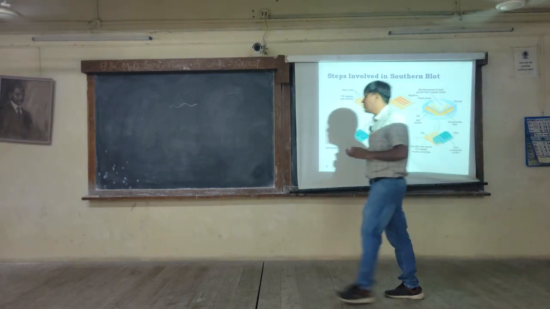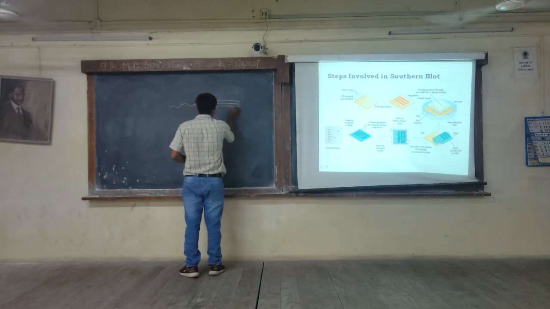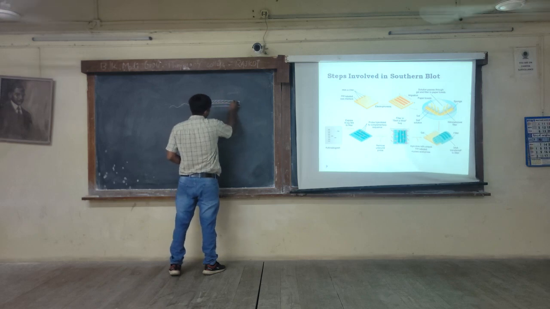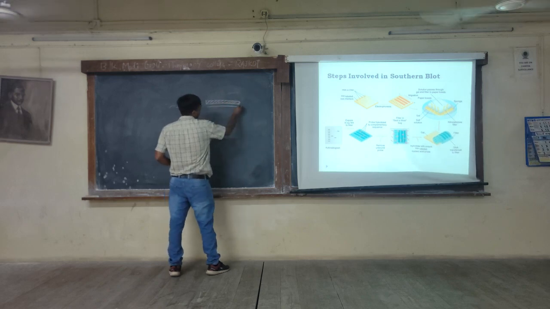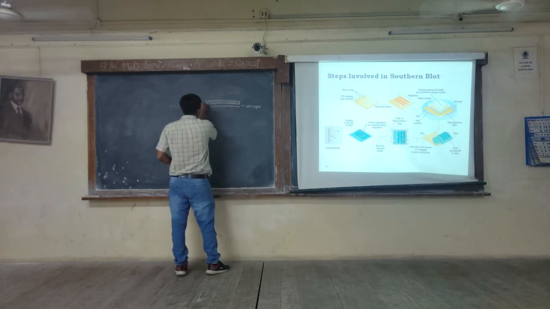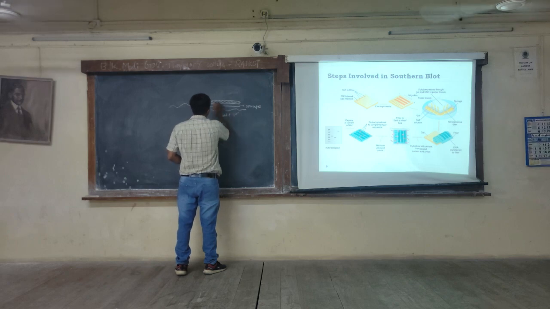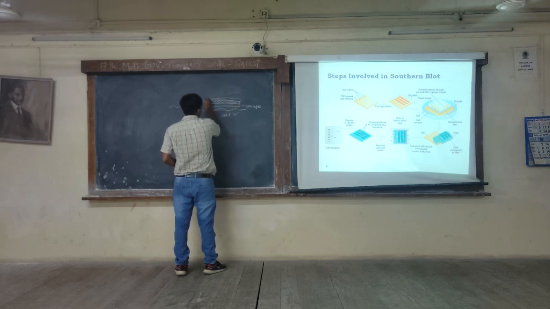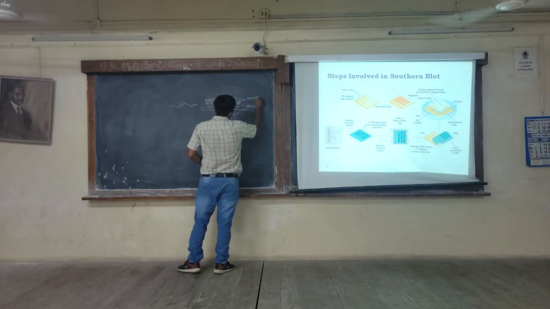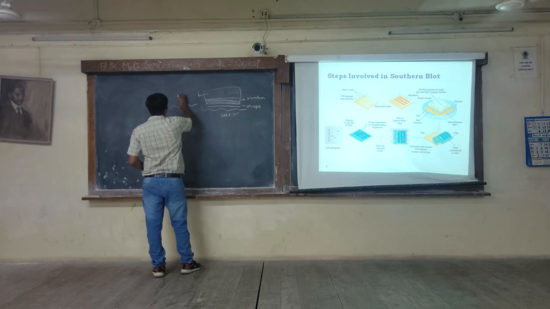So the structure is like a sandwich. Here there is a sponge. Below that there is salt solution. Above that there is the nitrocellulose membrane. And above that membrane there are paper towels.